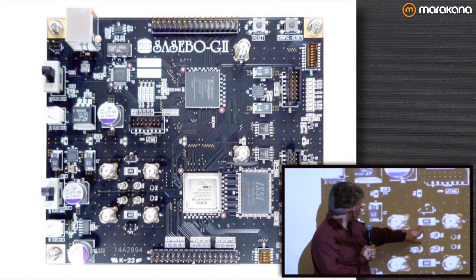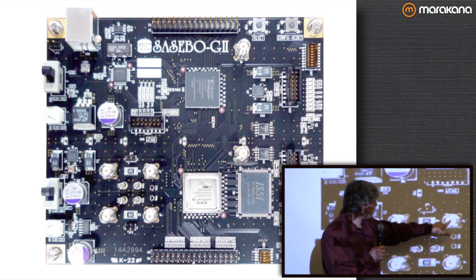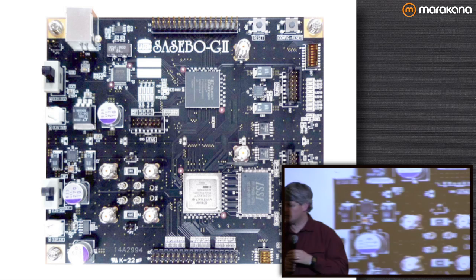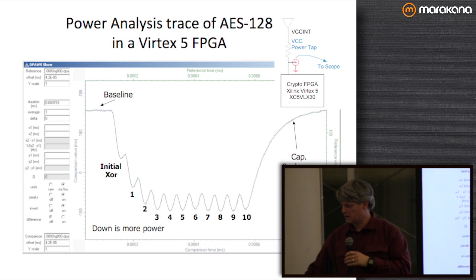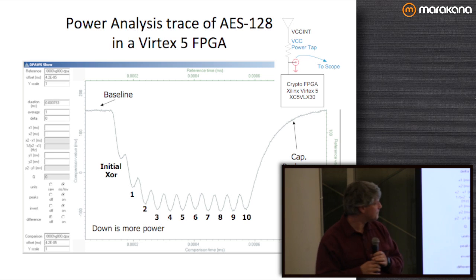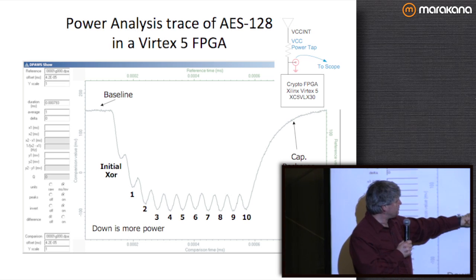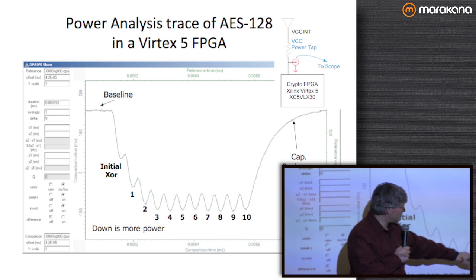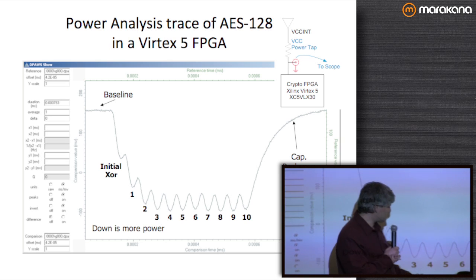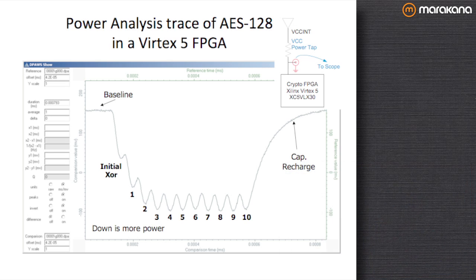A small value 1 ohm resistor is used in line, and then you have taps here. You can see, even in a hardware implementation, details about the implementation. So this is AES 128, 10 rounds, and you can see that there are some decoupling capacitors on the board.